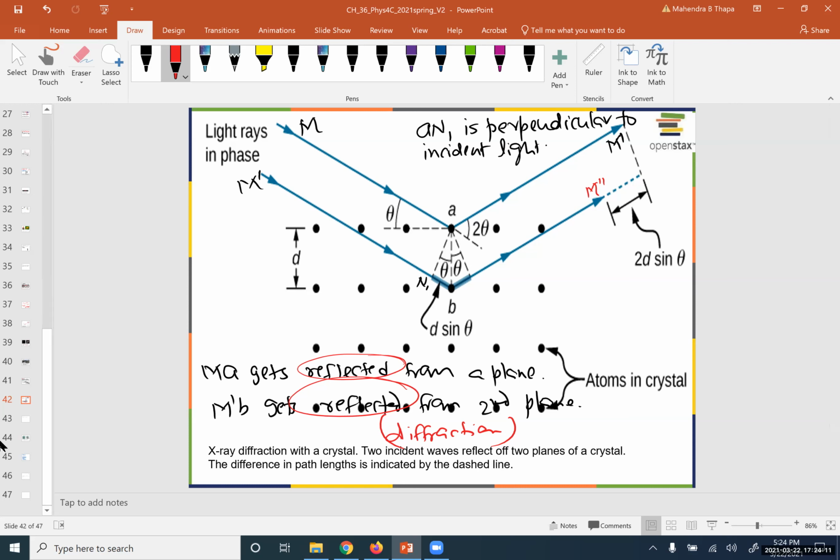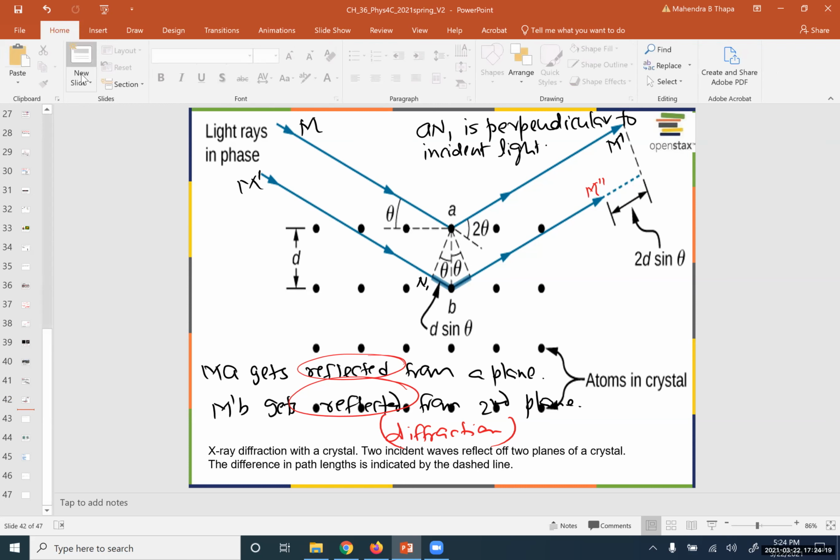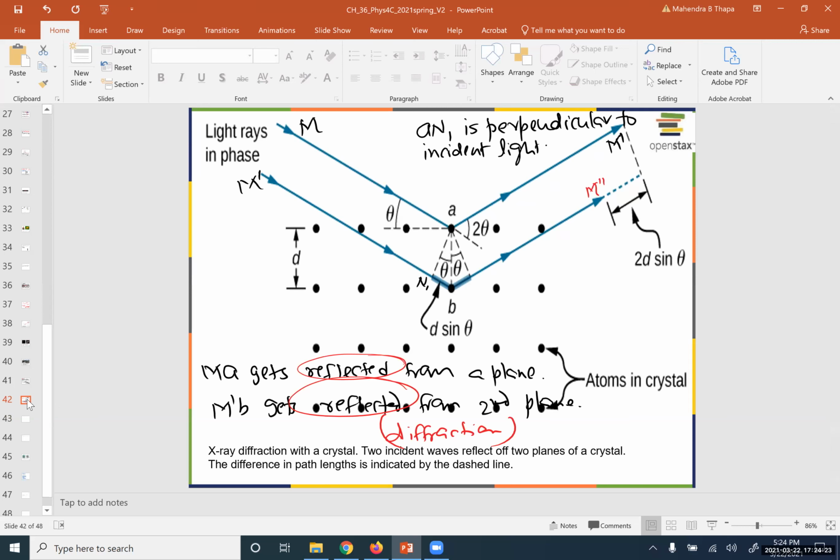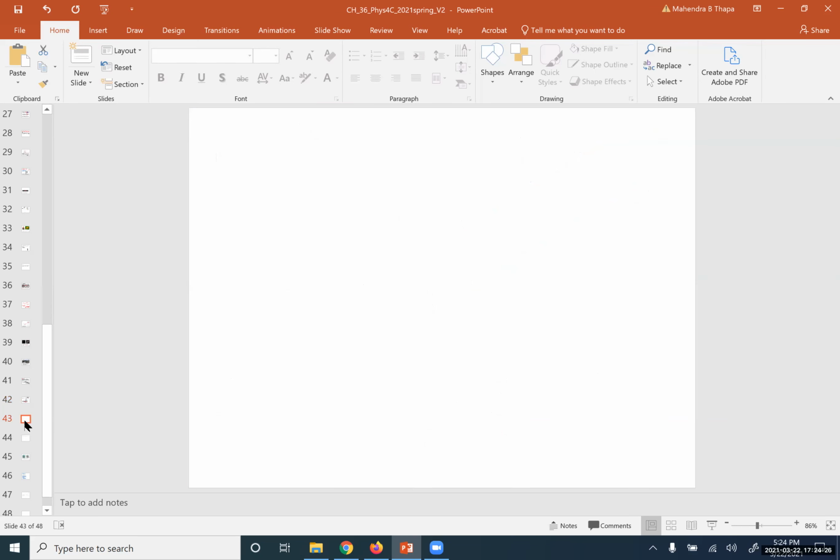So if you consider from the beginning, we can say the path difference of waves from the first and second plane.